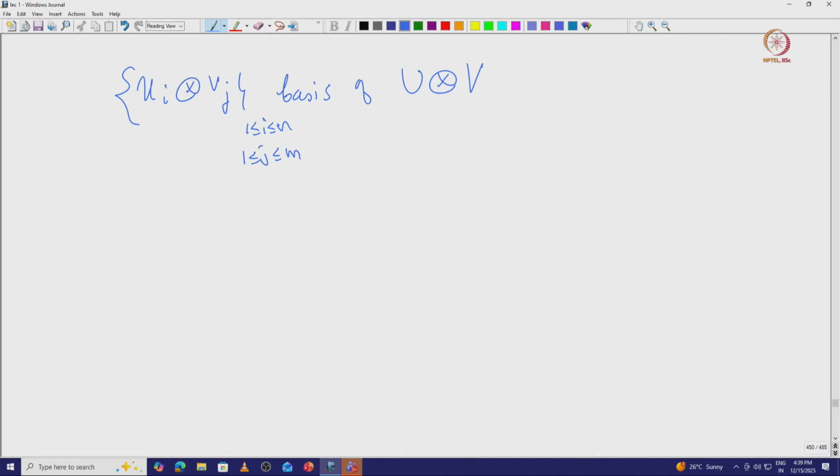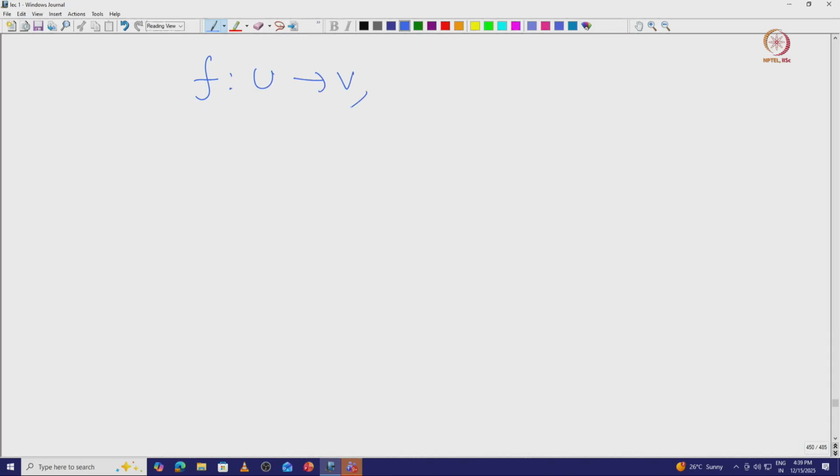Similarly, we have a basis, which is given by, so actually we are going to look at the tensor product where it is defined. So, f is defined from u to v and then g is defined from w to z.